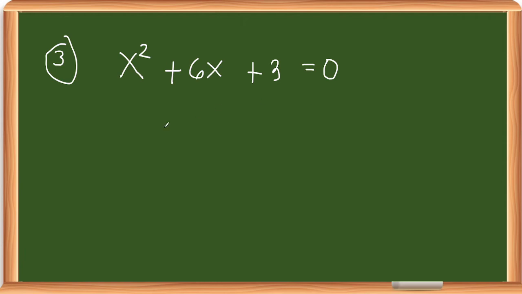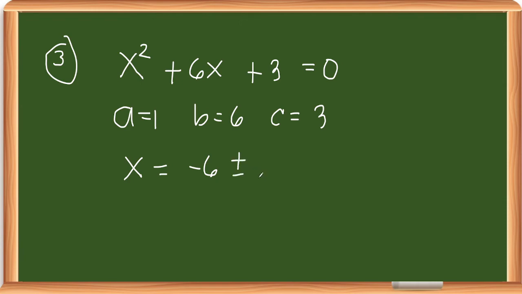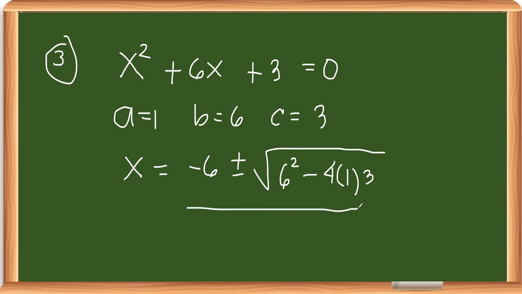So, it is already in standard form of a quadratic equation, so you know right away that A is equal to 1, B is equal to 6, and C is equal to 3. Okay. So, using the quadratic formula, x is equal to negative b, so that is negative 6, plus and minus the square root of b squared, which is 6 squared, minus 4 times 1 times your c, which is 3, all over 2 times 1.